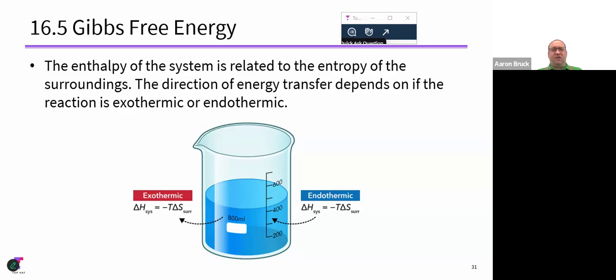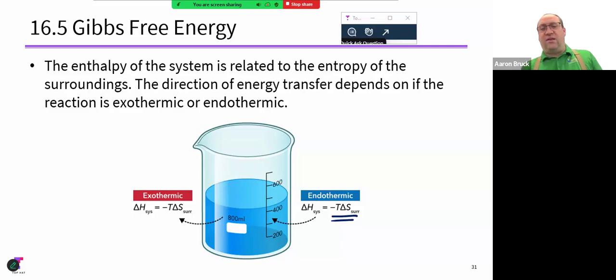And what we need to remind ourselves of is our processes of endothermic and exothermic, the directions of those energy transfers, because that delta H has a direct impact on, or is affected directly by, the entropy of the surroundings.